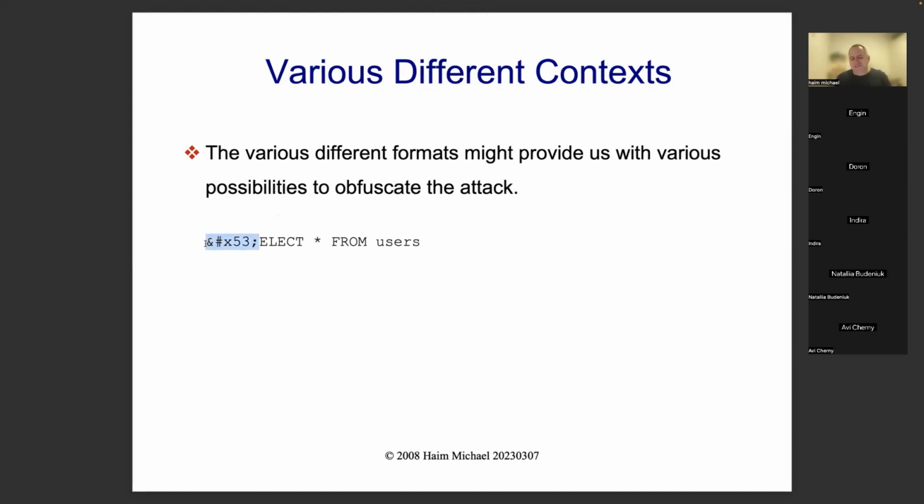For example, instead of writing the letter S, writing the entity ampersand at the beginning, which is a replacement for the letter S. By doing so, maybe the software that protects the web application from SQL injection doesn't check for this character combination and just looks for the letter S, and the hacker actually overcomes the application that protects the web application.